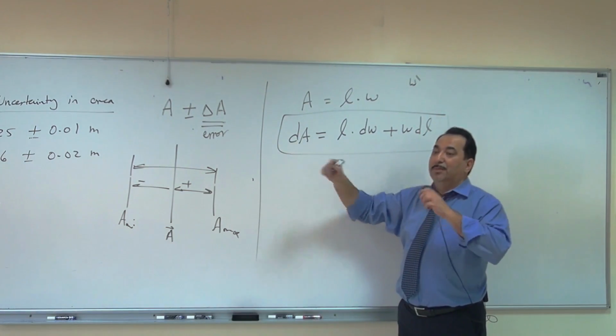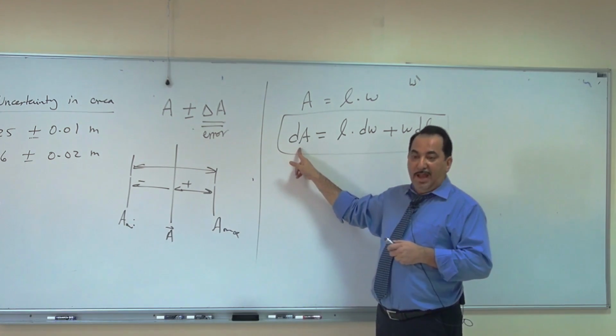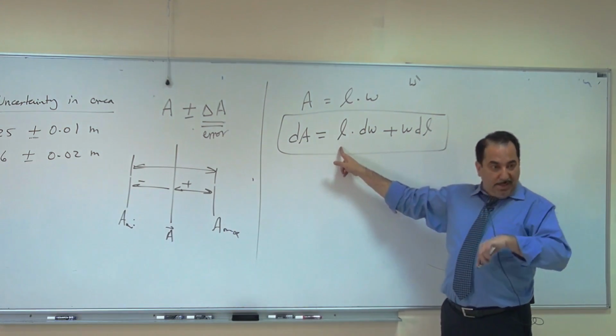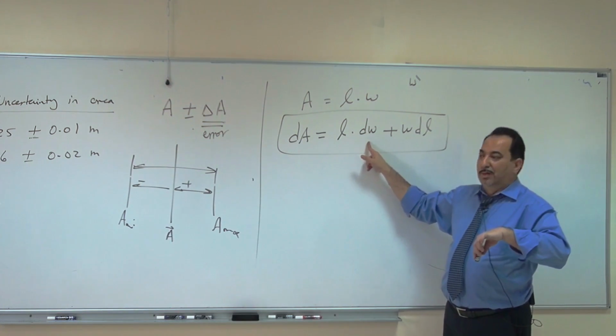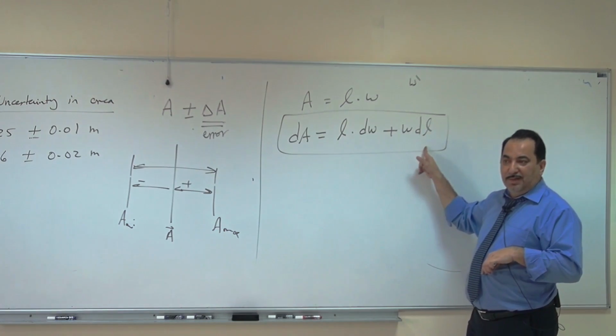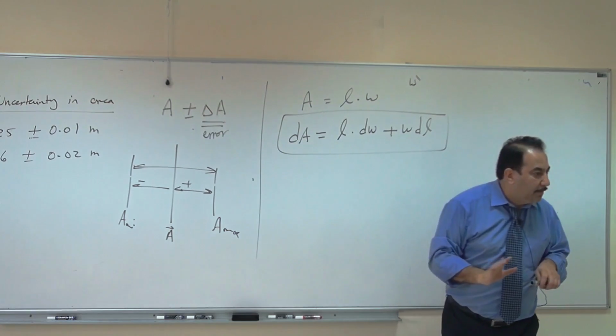What do you see here? Now read, not using mathematics, using physics. Errors in A equal value of the length multiplied by the errors in the width, plus errors in length. Substitute now what you have, you get the errors in area.